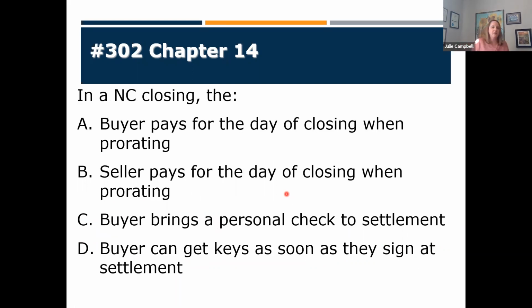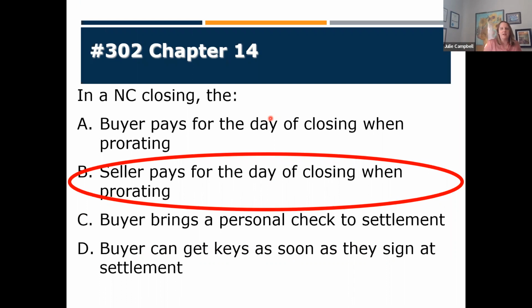In a North Carolina closing, when we prorate, the seller pays for the day of closing.